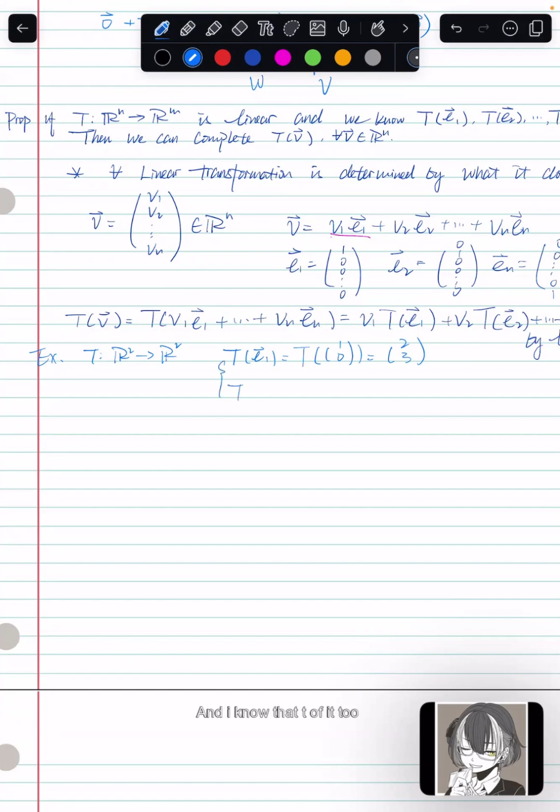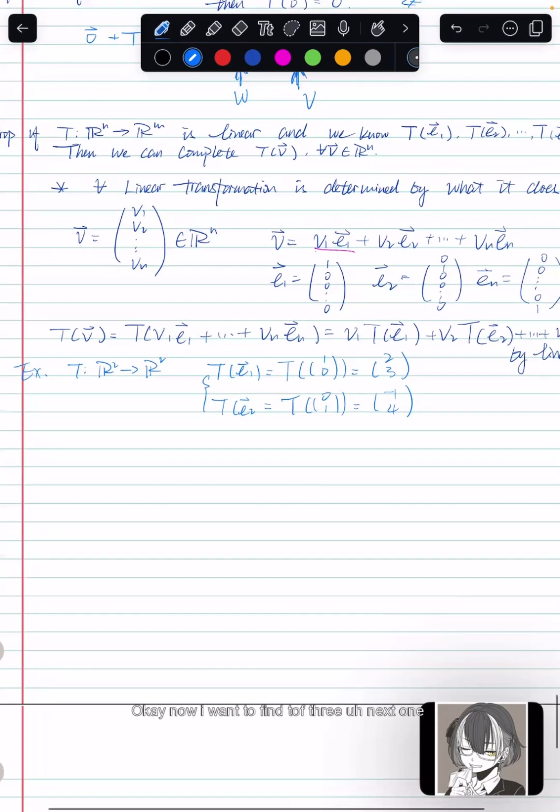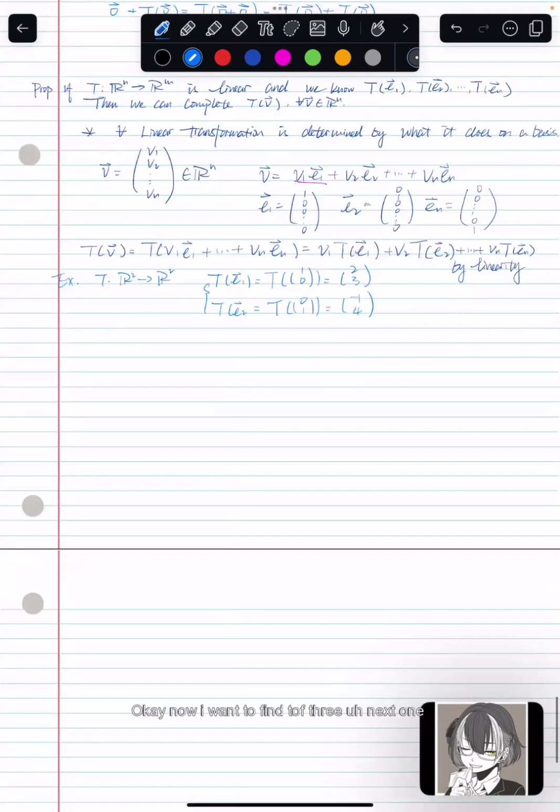And I know that T of e2, which is T of (0, 1), is (-1, 4). Okay, now I want to find T of (3, -1).